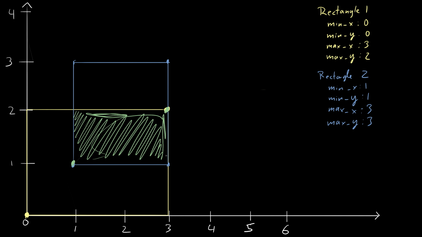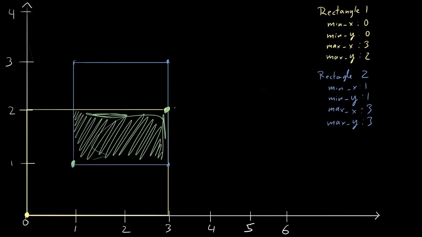Given the minimum x and minimum y, we want to calculate the maximum of the minimums of this one versus this one, because no matter where you go, we get the maximum in an intersection. Then we do the same thing for the other corner, but instead of the maximum, we take the minimum.